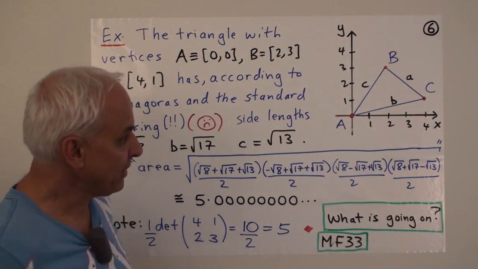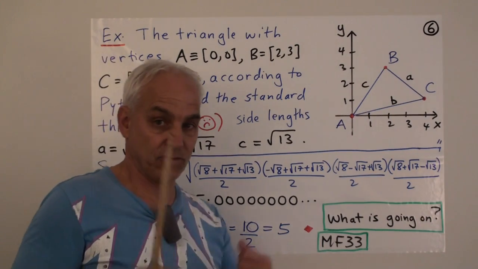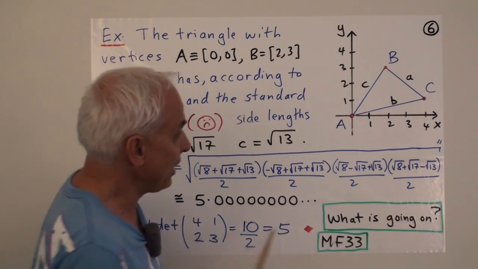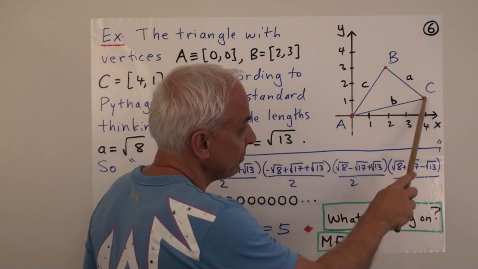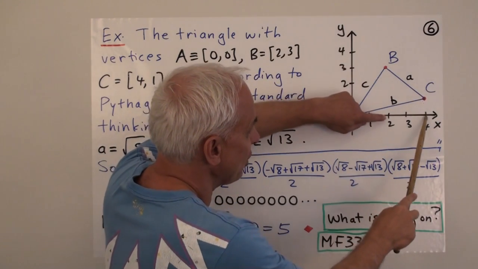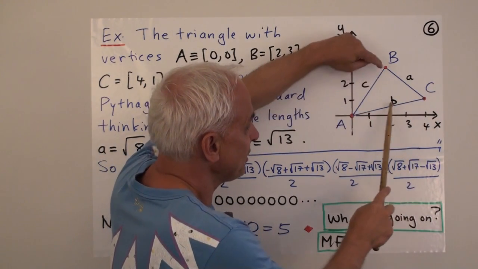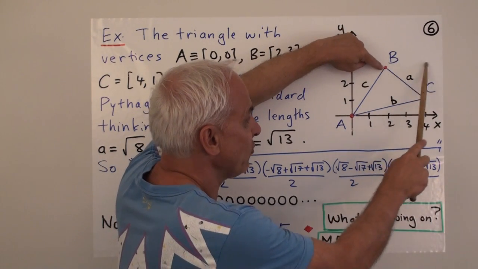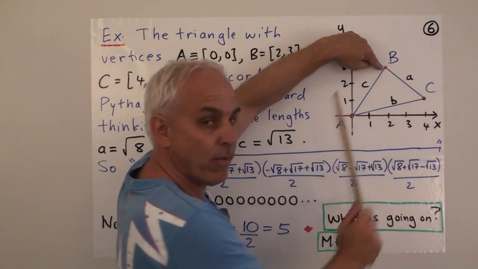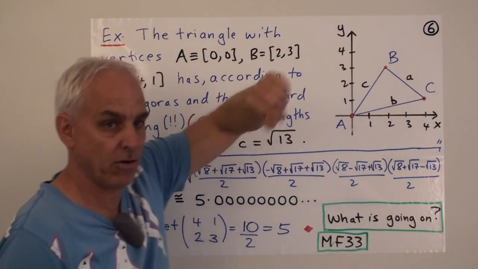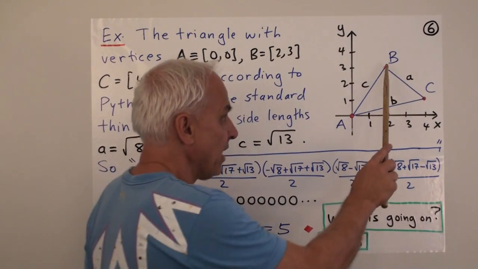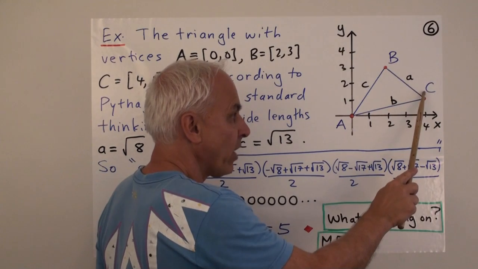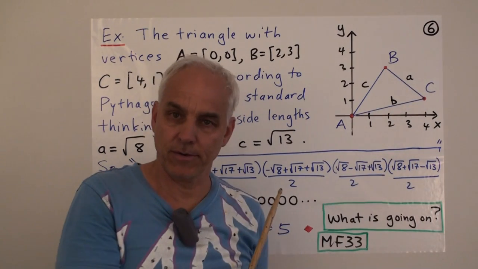Well, I remind you that to calculate that in the traditional sense, what you do is you think of this right triangle. Okay, so there's a difference of 2 in the x-coordinate, a difference of 2 in the y-coordinate. So this right triangle here has sides 2 and 2. So Pythagoras' theorem, as it's usually expressed, would be that 2 squared plus 2 squared equals a squared.